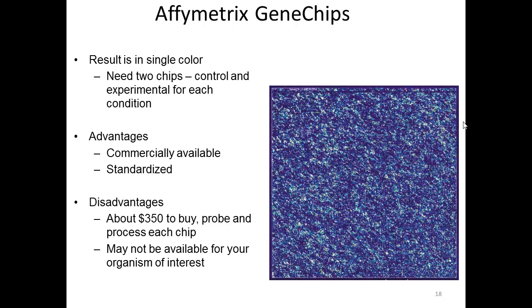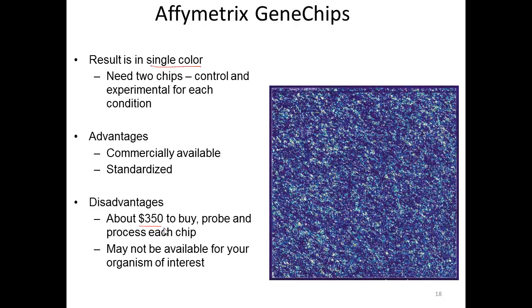So then again, summarizing the Affymetrix experiments, each experiment is a single color experiment, so we're going to need 2 chips. Some of the advantages is that they're commercially available, produced in very high quality, and it'll be the same type of chips that everybody else across the world is using to analyze the samples, making results more comparable.